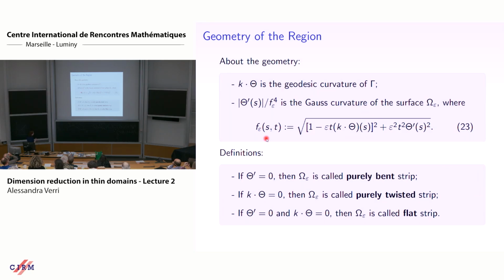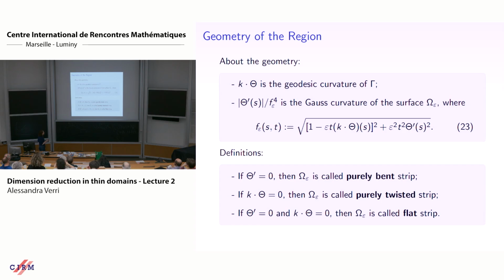And this term that depends on theta prime is the Gauss curvature of our strip. This function that appears here, f_epsilon, has this expression, and it depends on k_theta and theta prime.